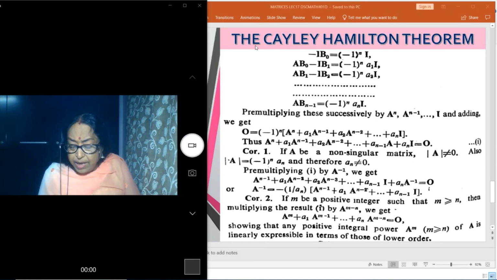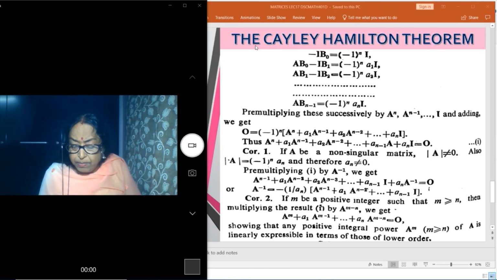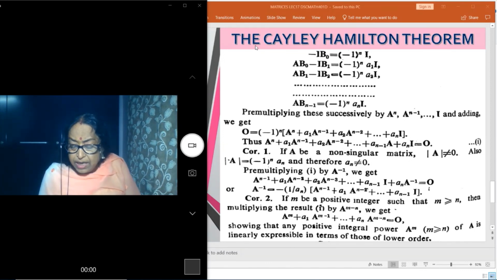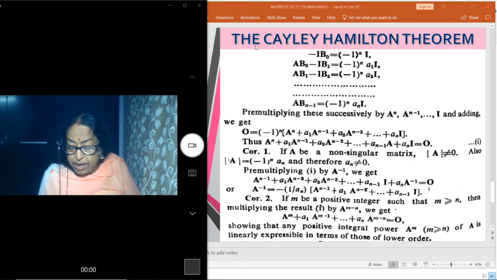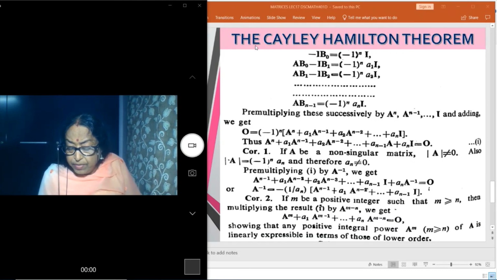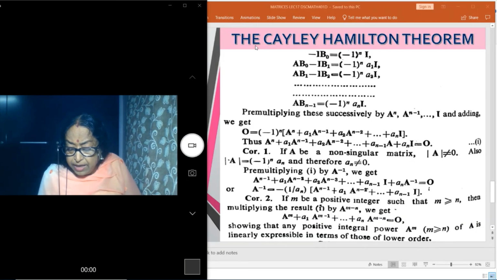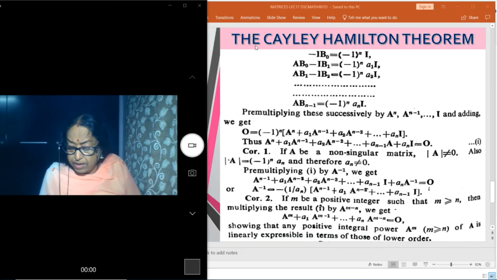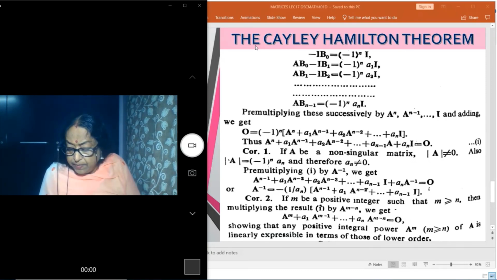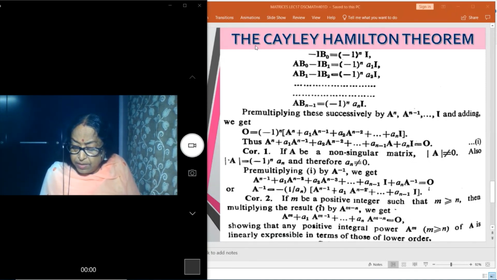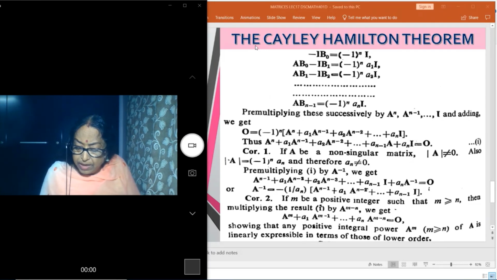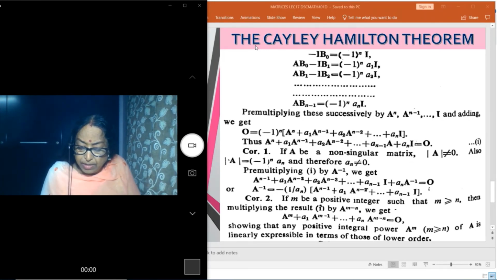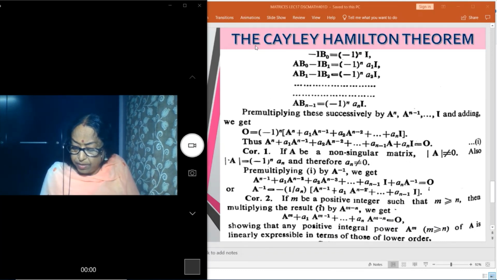Next, multiplying the second equation with A^(n-1), we get A^n B0, which cancels with the previous one. This way we get 0 equal to (minus 1)^n A^n plus a1 A^(n-1), and so on.